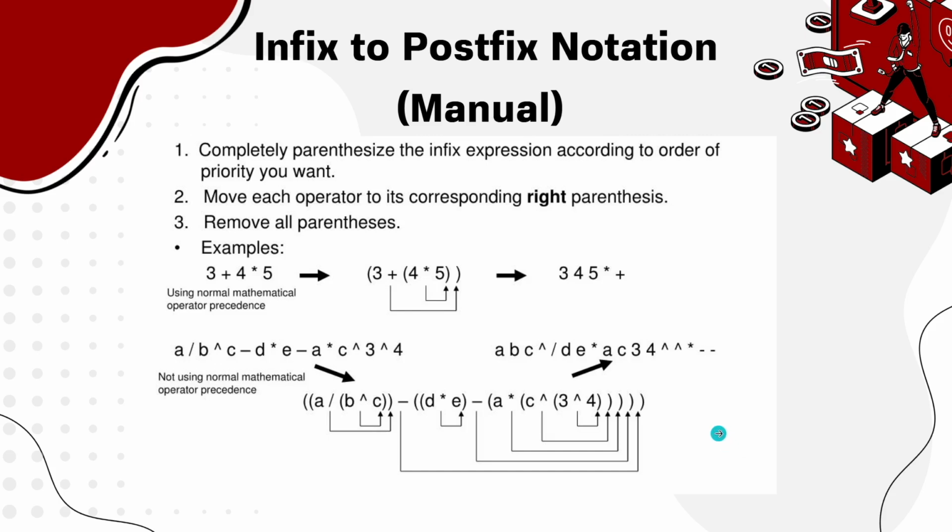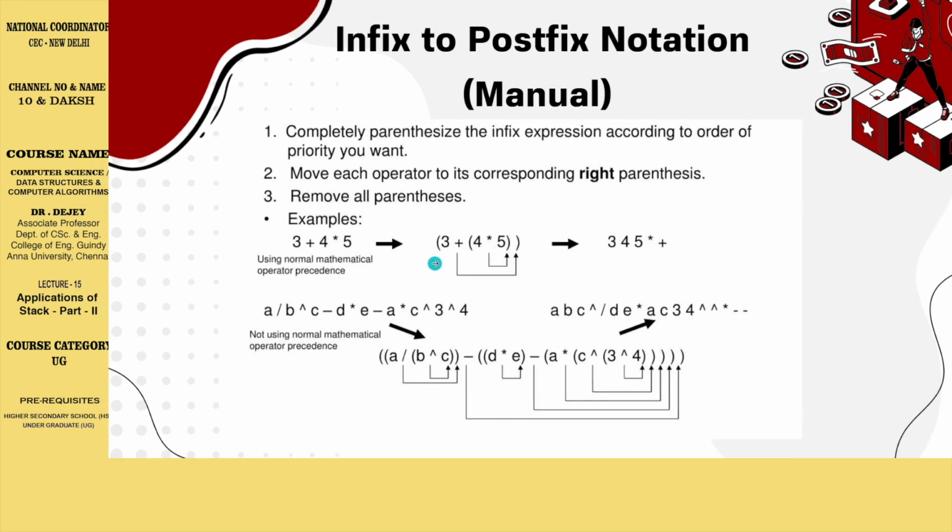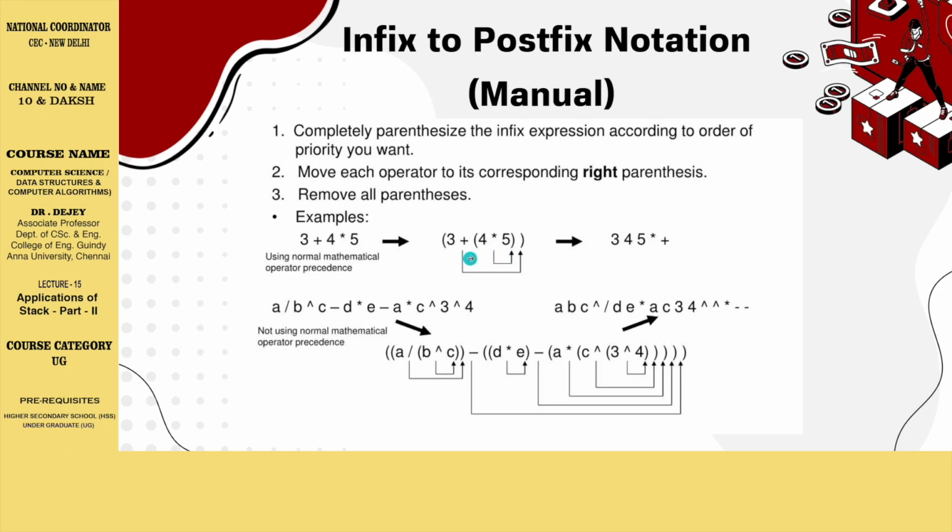So, here I have presented, to better understand, how an infix expression could be converted into postfix notation manually. Let us consider this example. We have an expression 3 plus 4 star 5, and we know very well from the operator precedence that star has more precedence over plus. So, we just emphasize the order in which this expression has to be evaluated with the help of parentheses.